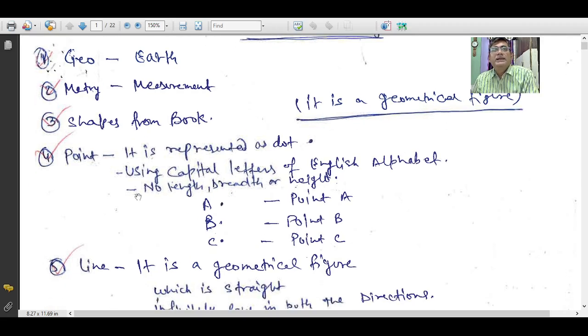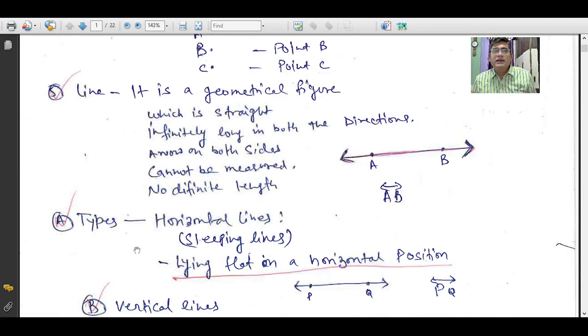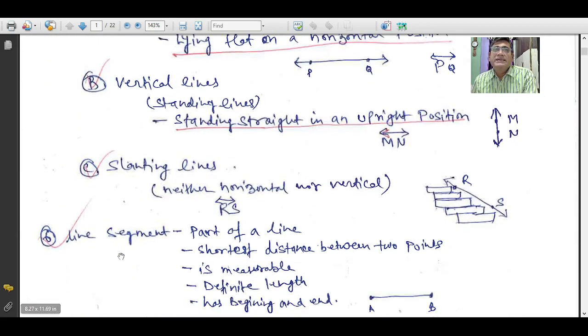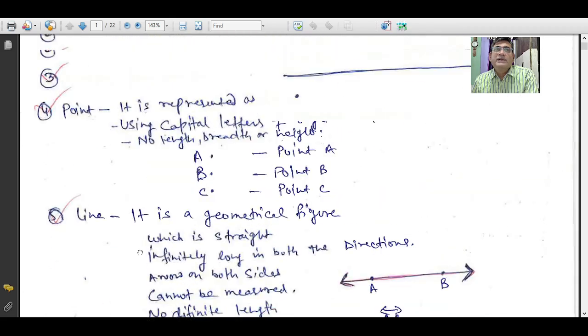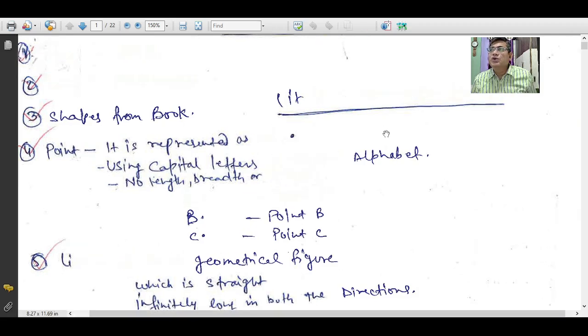Now basically three things you should know. One is point, second is line, and third is line segment. So what is a line or what is a point? Whenever you are defining anything, you have to start with: it is a geometrical figure. You can see here, it is a geometrical figure.